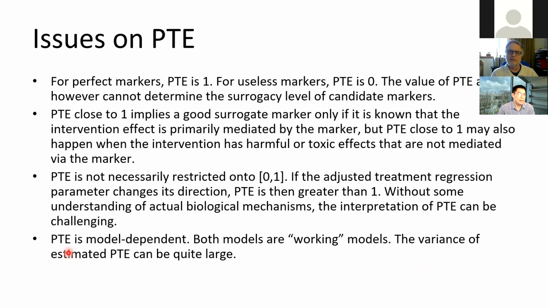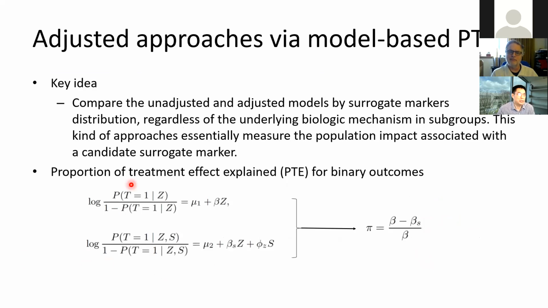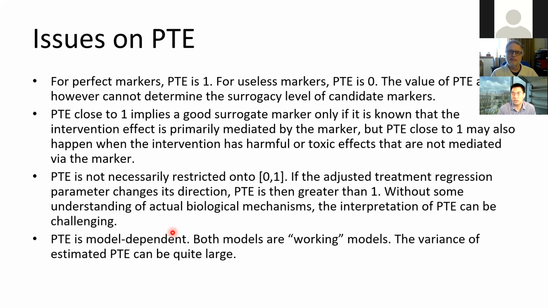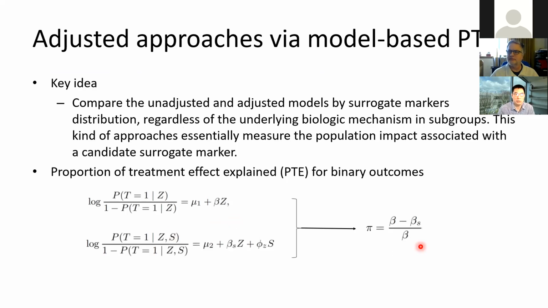The other thing people often criticize about PTE is that it is model dependent, which means it really depends on the two logistic regression models. And the issue is we don't know if those two models are correct or not, or if one of them is correct, or both of them are correct. So both models are serving as working models. Also, the variance of the estimated PTE can be quite large because you have a regression parameter estimate in the denominator.